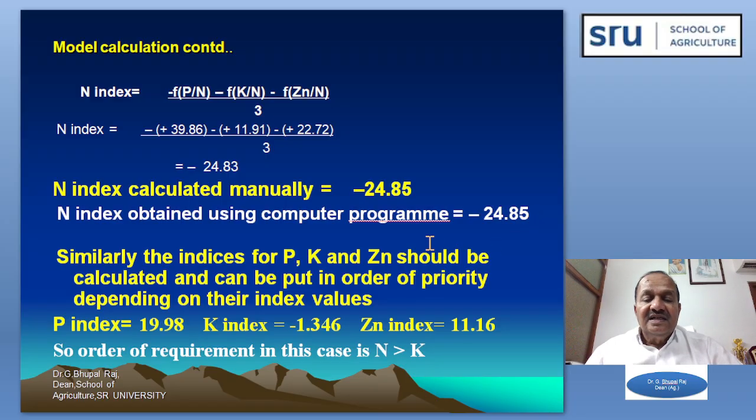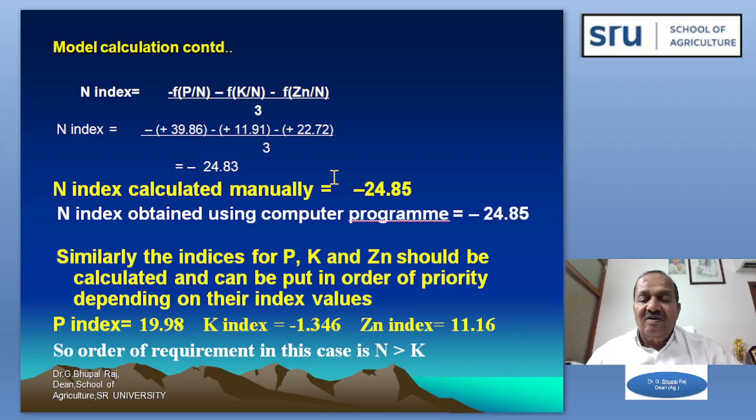It is valid. Similarly, the indices of P, K, and Zn should be calculated and can be put in order of priority depending upon their index values. Like the nitrogen index, we calculated the phosphorus index, potash index, and zinc index, because four elements were studied. Phosphorus index is plus 19.98, potash index minus 1.346, zinc index plus 11.16.